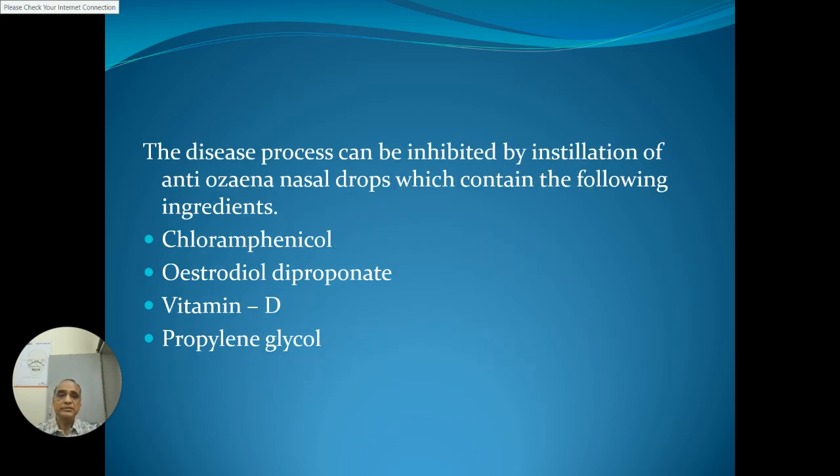The disease process can be inhibited by instillation of nasal drops containing chloramphenicol, estradiol dipropionate, vitamin D, and propylene glycol. I don't know whether it is available now, but it used to be used.